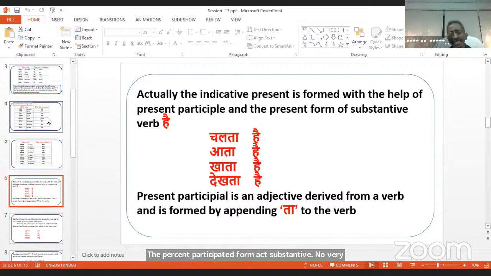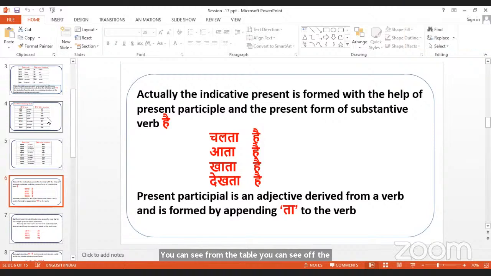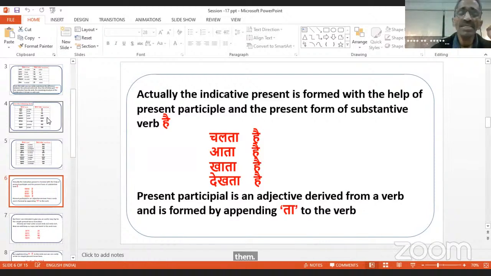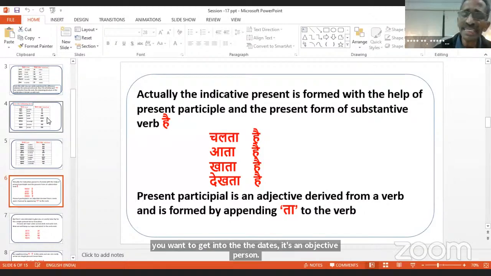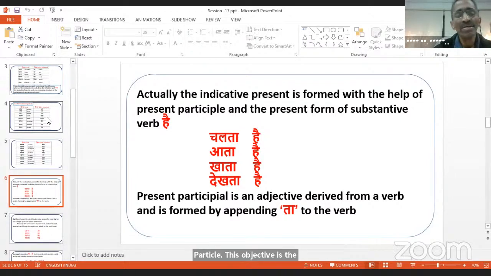You can see from the table: chalta, aata, khata, dekhta. If you want to get into the details, the present participle is an adjective, and this adjective is derived from a verb.